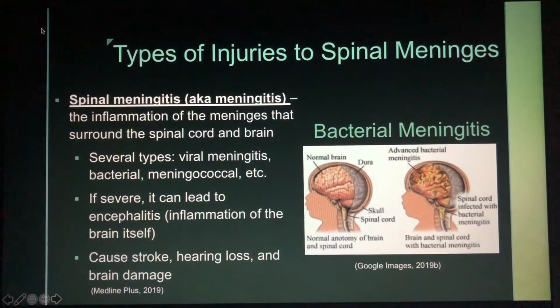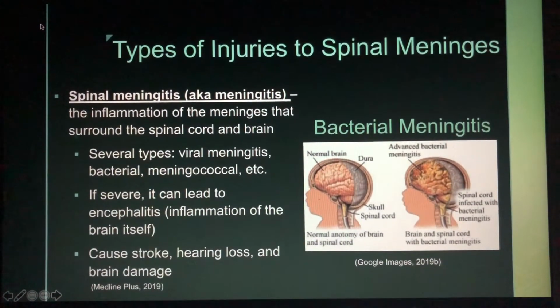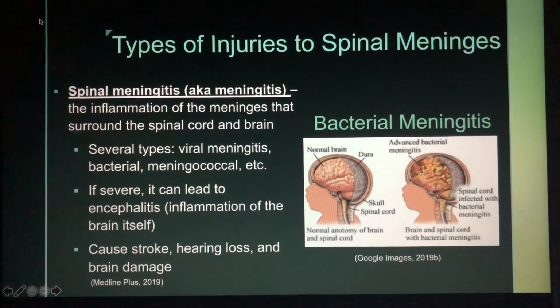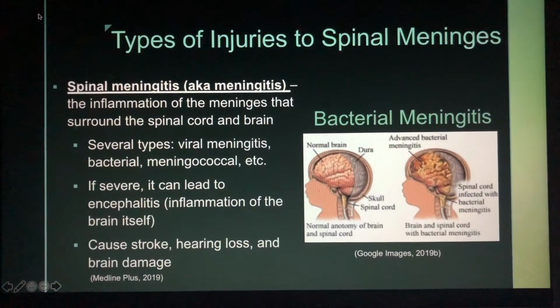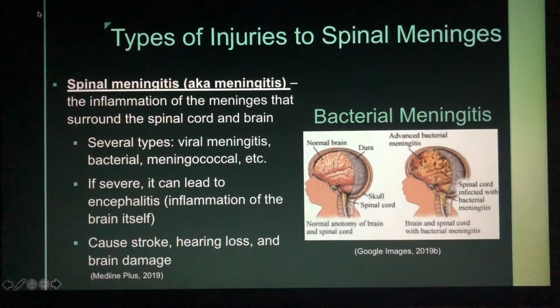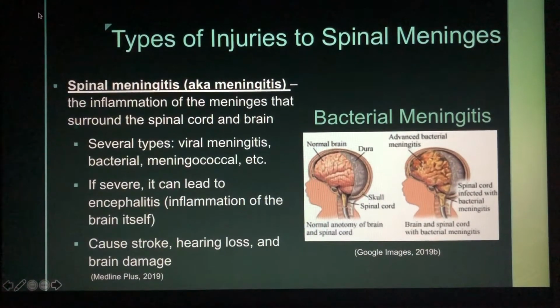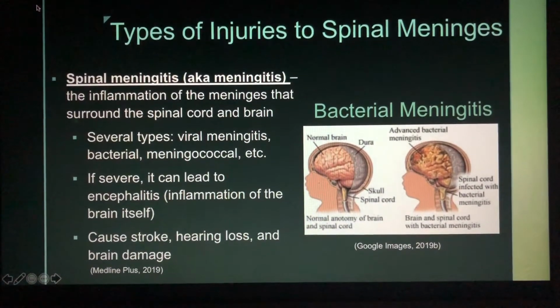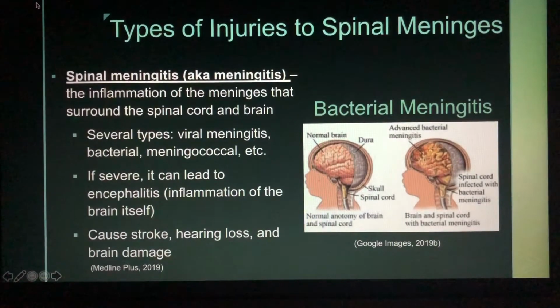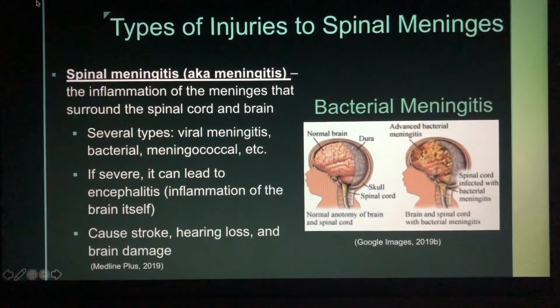Now we'll be talking about the different types of injuries to spinal meninges. The first common injury of spinal meninges is spinal meningitis, also known as meningitis. This is the inflammation of meninges that surround the spinal cord and brain.